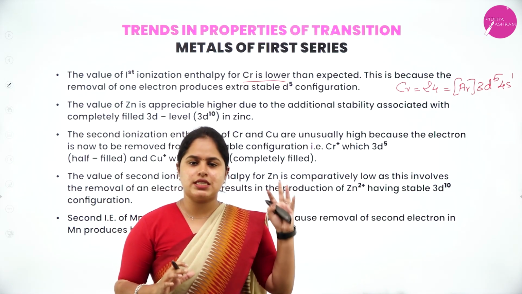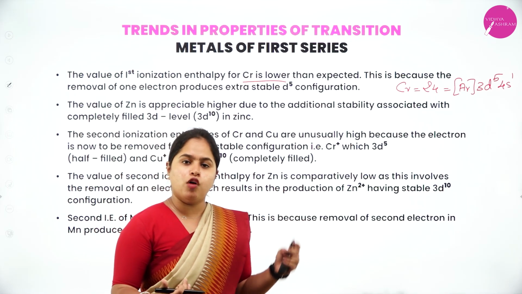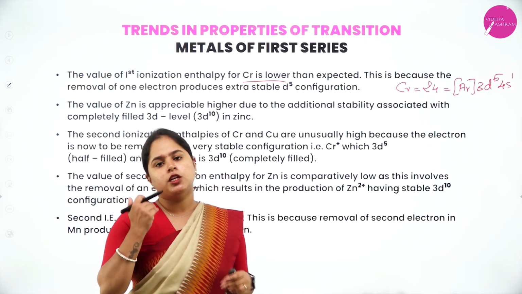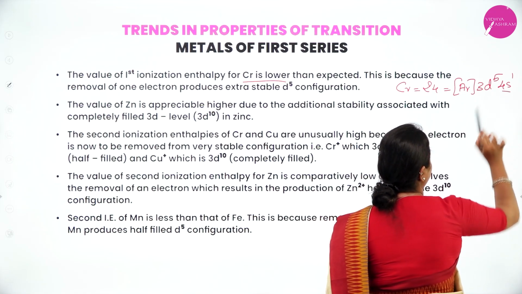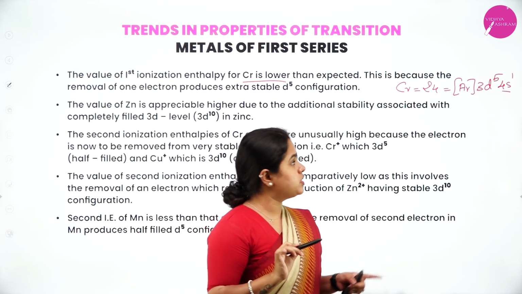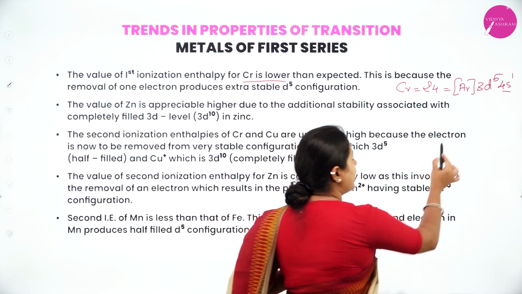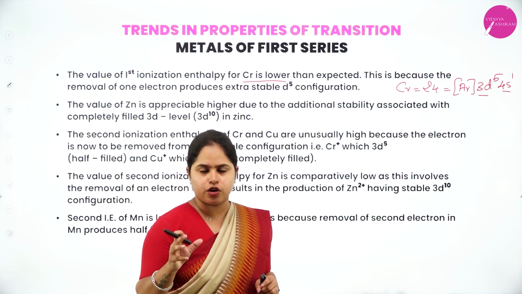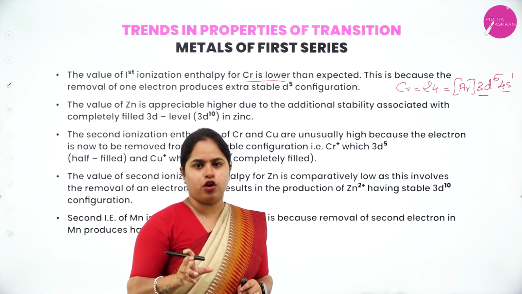So what does the sentence say? The first ionization enthalpy of chromium is lesser than what is actually expected. Why is this? Because in the outermost shell there is only one electron. If this one electron is lost, chromium is going to attain a half-filled electronic configuration, 3d5, right? Yes, the d subshell can accommodate a total of 10 electrons, so d5 means a half-filled electronic configuration.